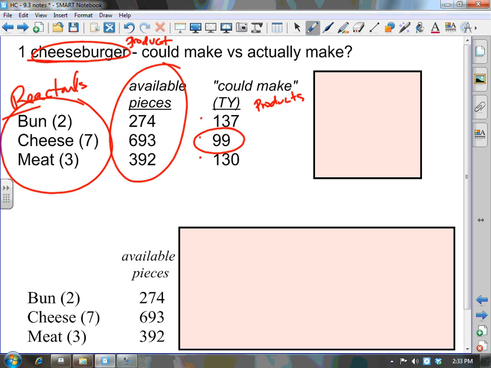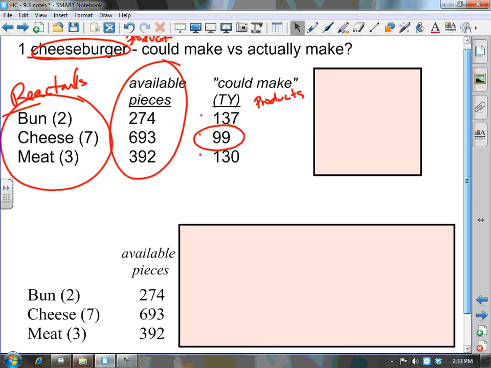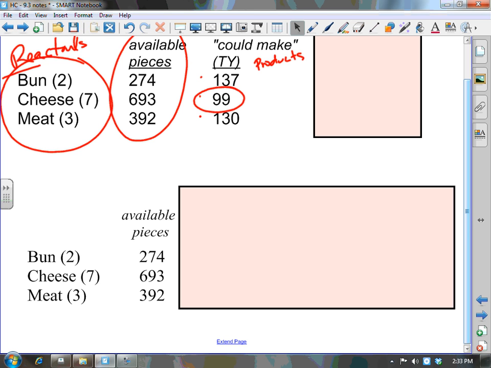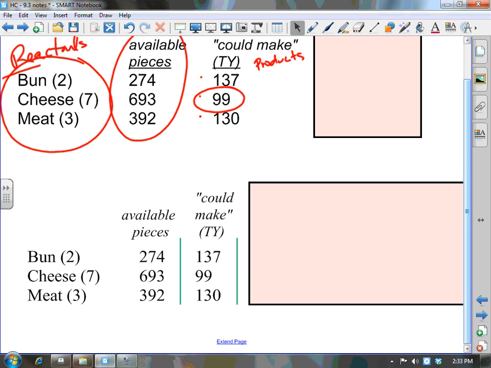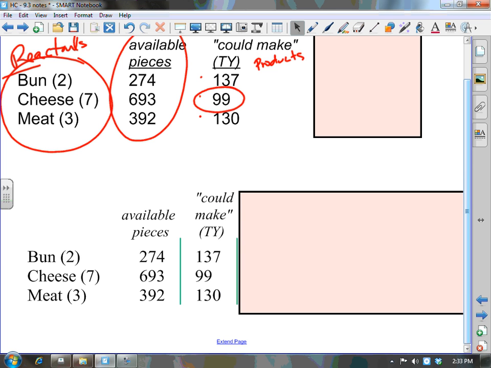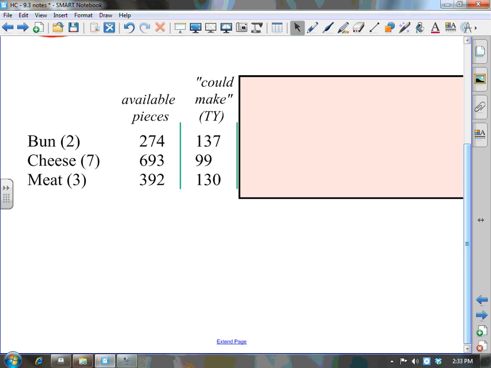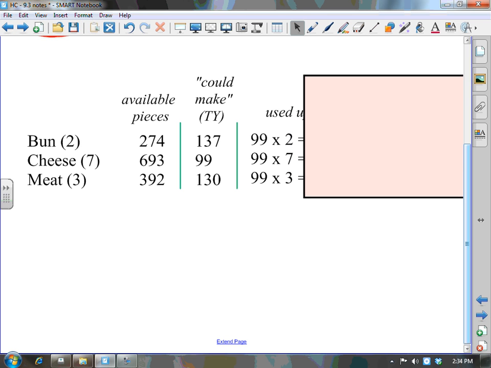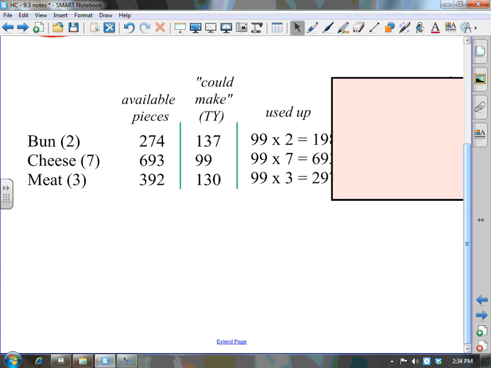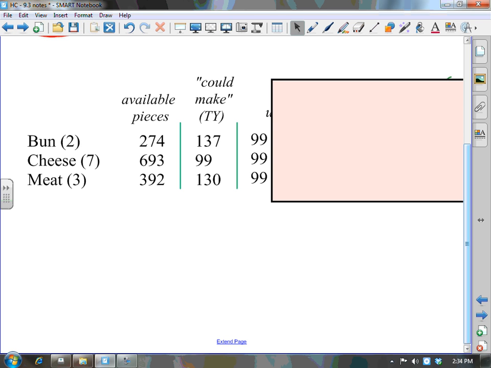Okay? So what we want to talk about then is how do we kind of calculate this? And this is working towards the chemistry piece. So again, bun, cheese, meat, that's how many pieces available. That's how many we could make. That's our theoretical yield. That's what we could make. In reality, we're only going to make 99 cheeseburgers.